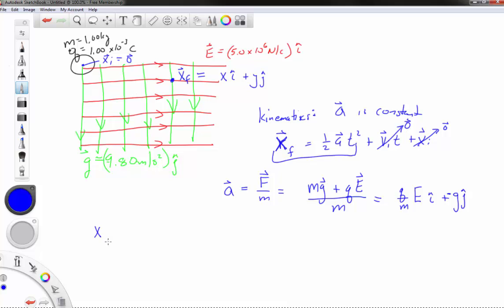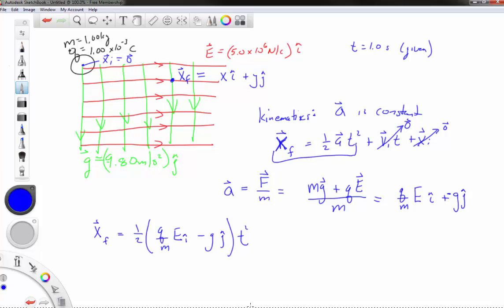Okay, so our final position, therefore, is 1/2 of q over m E i hat minus g j hat, times t squared. Now t was given. t equals 1.0 seconds is a given. So what this gives us is the final position. q was given up here, m is given up here. We can plug numbers in, in other words.